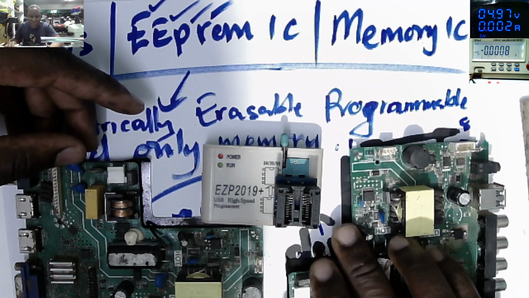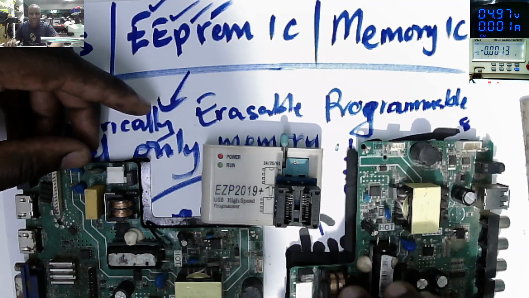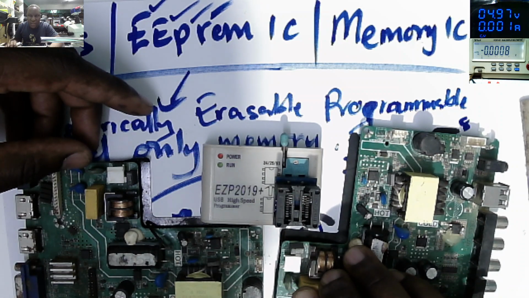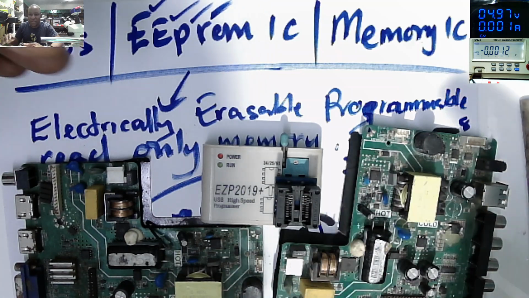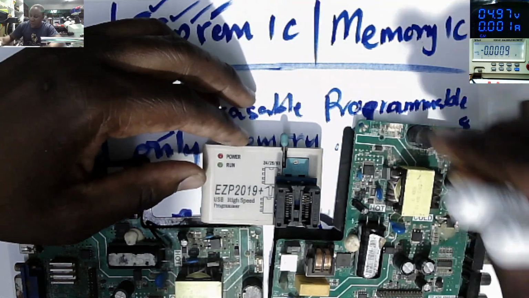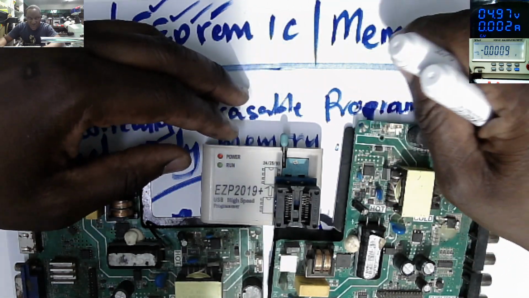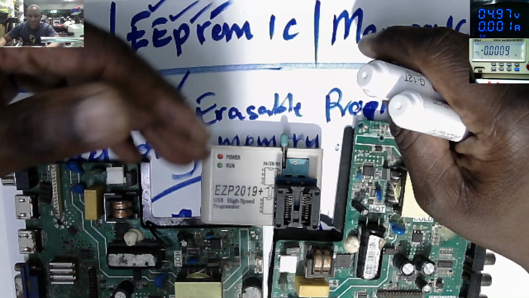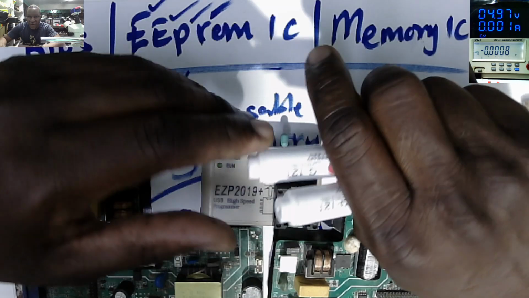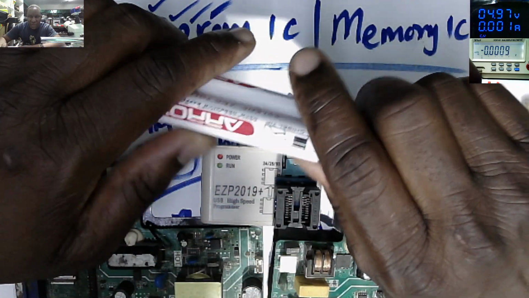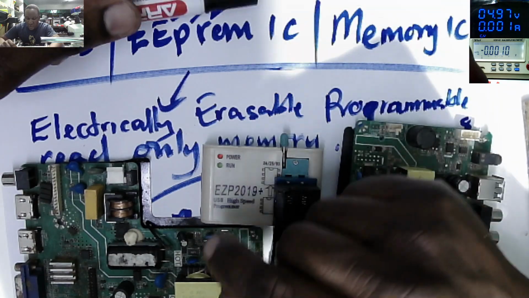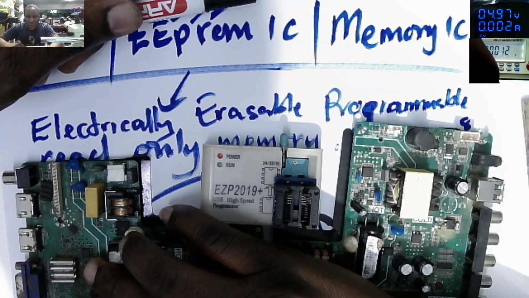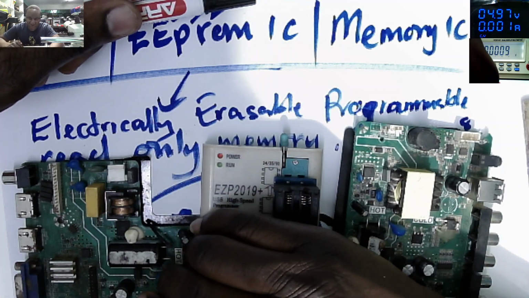Because not everyone has got boardview, not everyone has got schematics, and it takes long while the customer is waiting. If you want to replace the EPROM, it's simple to download the firmware for the BIOS or for the EPROM IC, and you reprogram the chip.